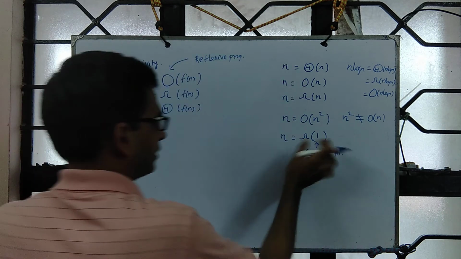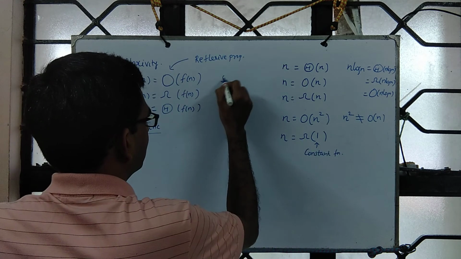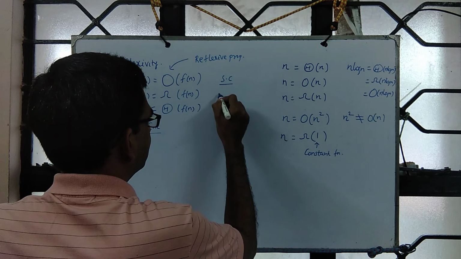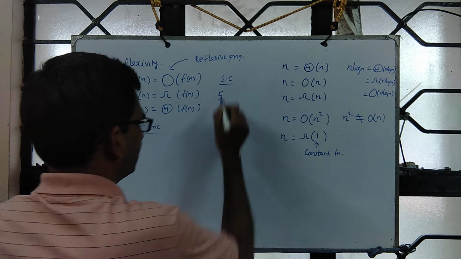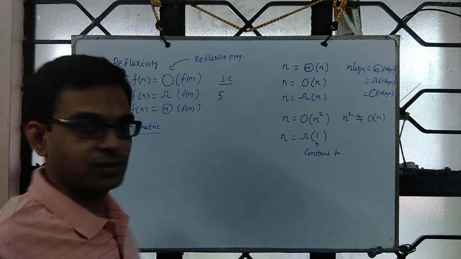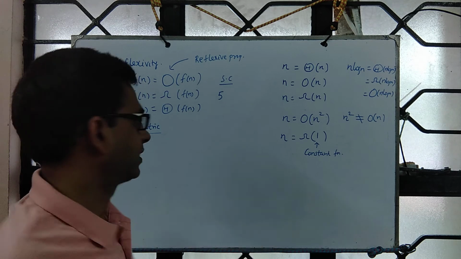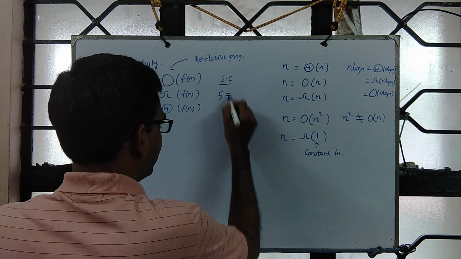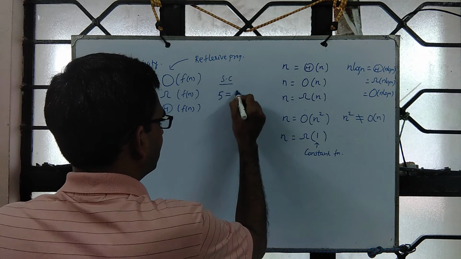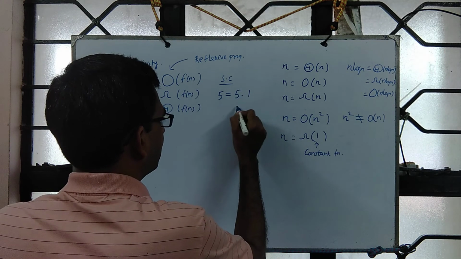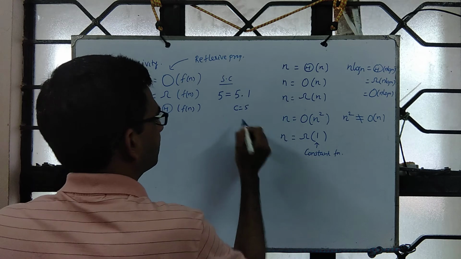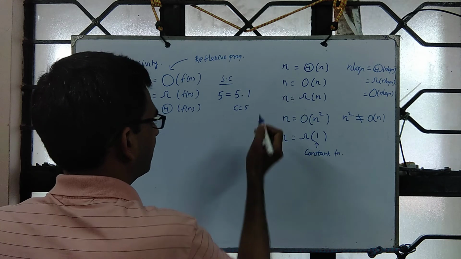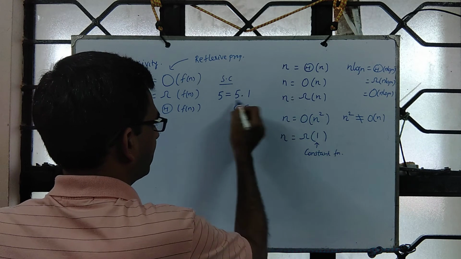When do we write such functions? Suppose step count of an algorithm is say 5, which means it involves just print, scan, and things like that. And this is my f of n. This can be written as 5 into 1. So my constant is 5, and for all n greater than or equal to n naught, this is true.